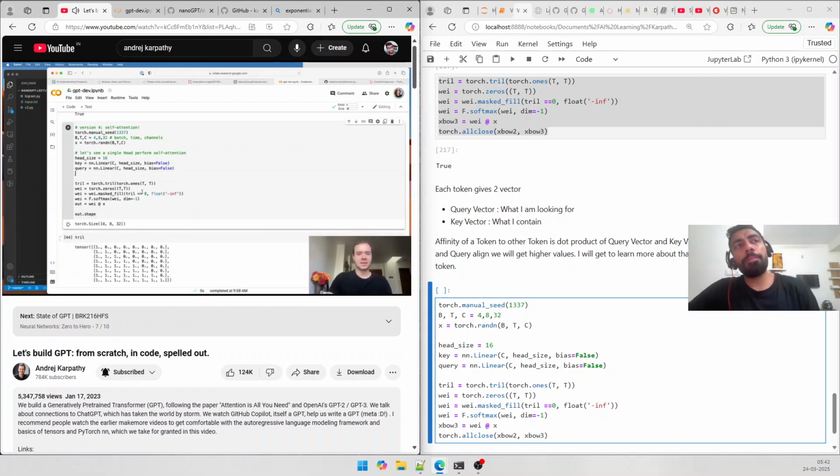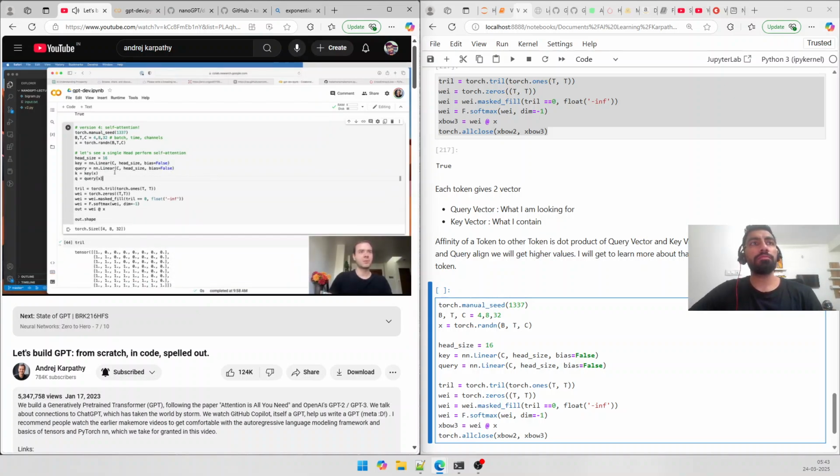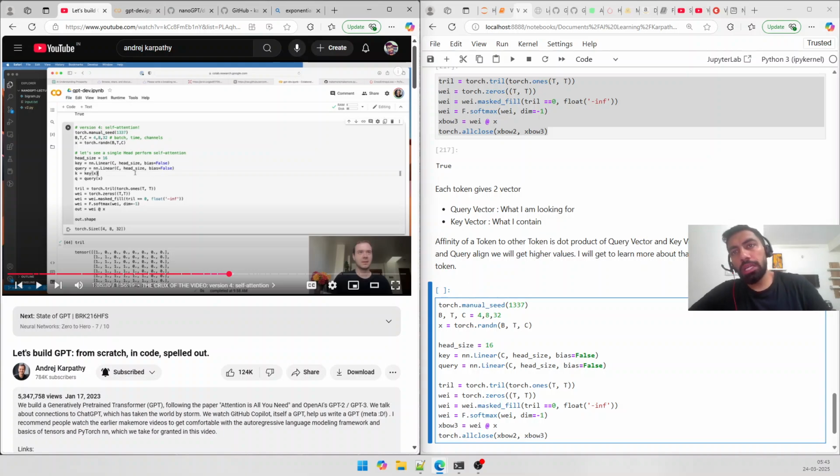And now let me produce the key and query, K and Q, by forwarding these modules on X. So for each of the tokens, we will produce a key and query.